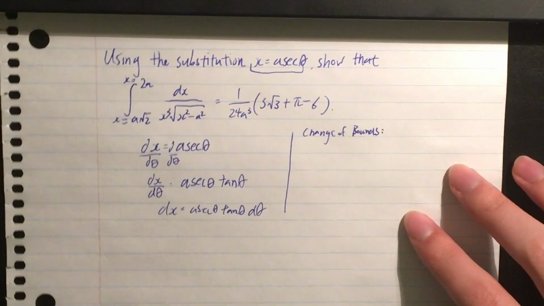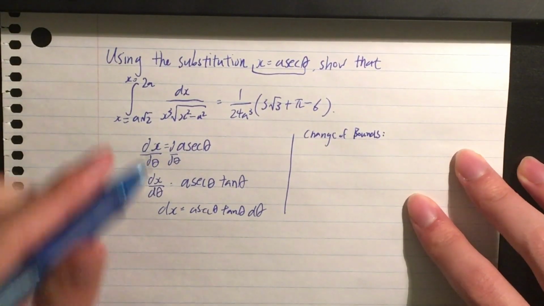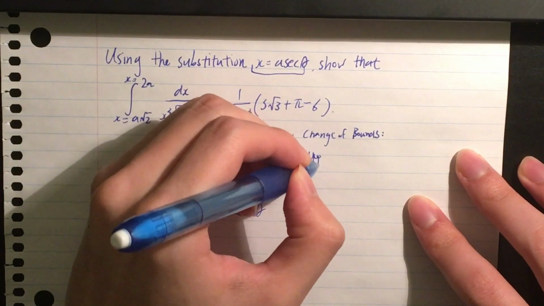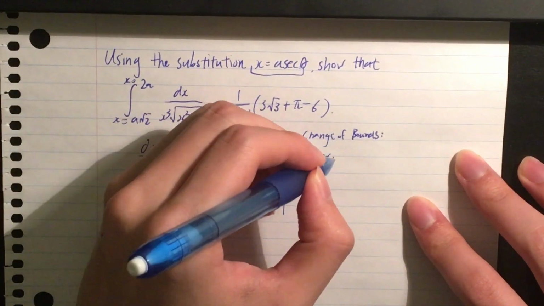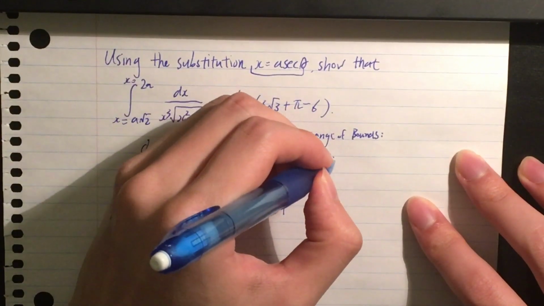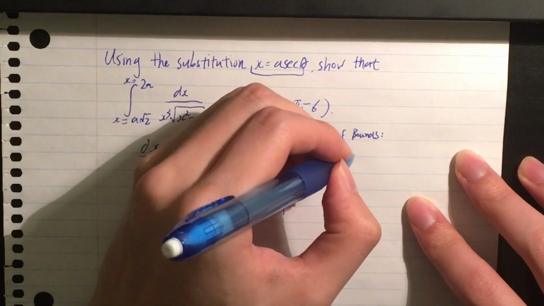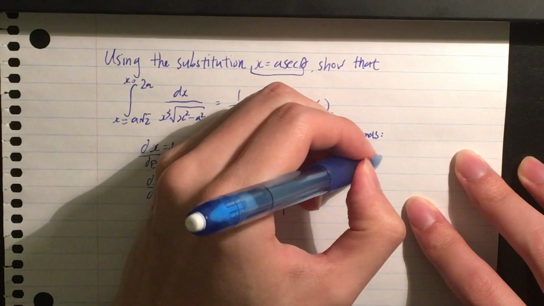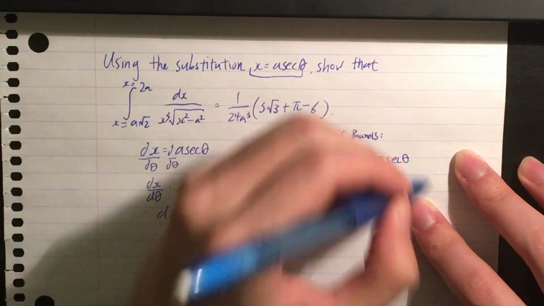and the way we do that is that we would have, for the upper half, 2a equals a secant theta.